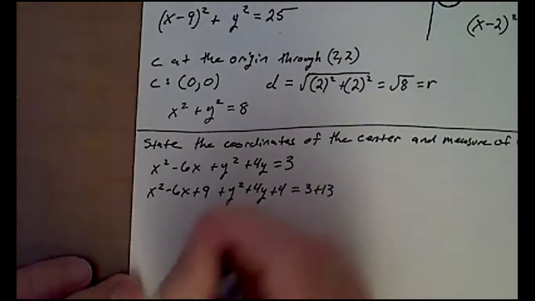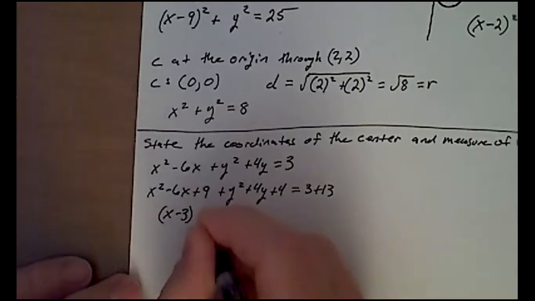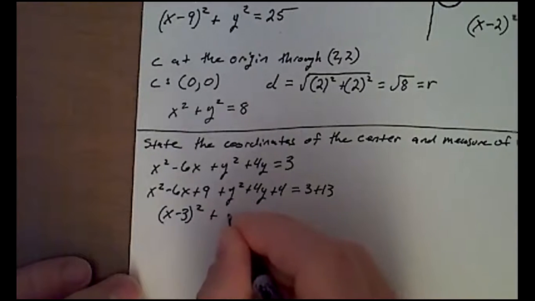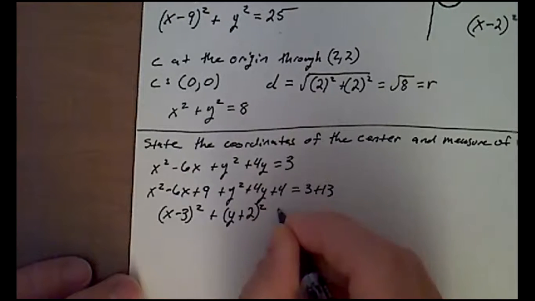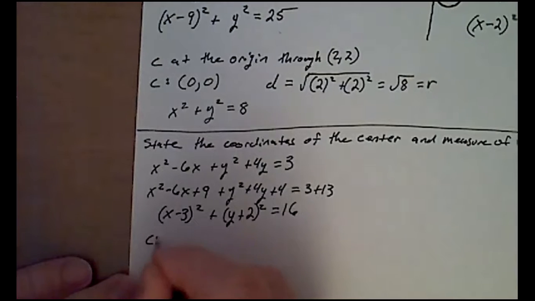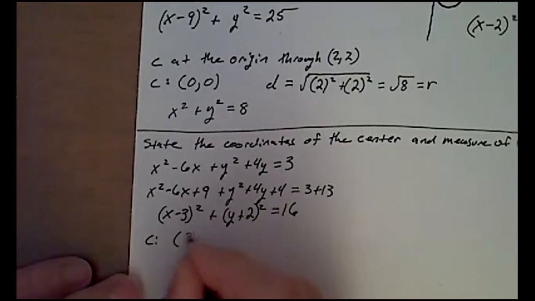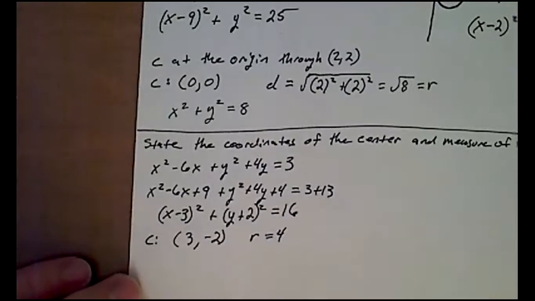X squared minus 6x plus 9 is x minus 3 squared plus y plus 2 squared equals 16. So we have a center at 3, negative 2, and a radius of 4.